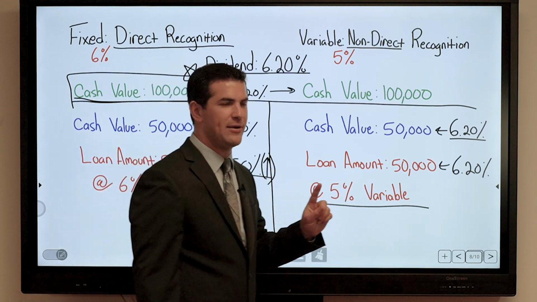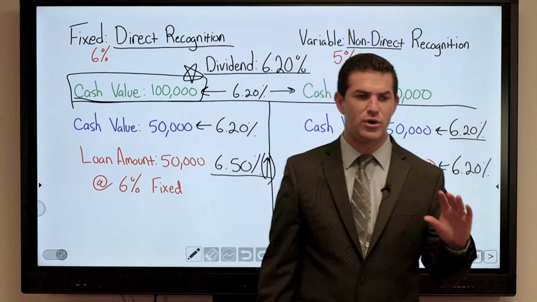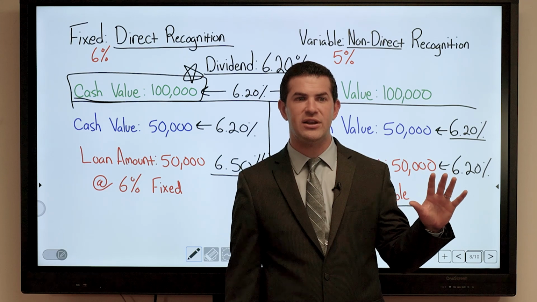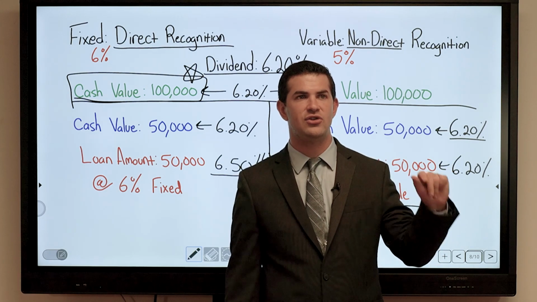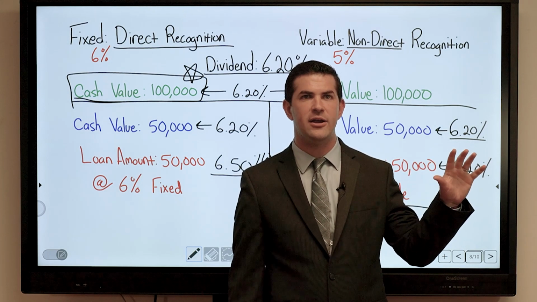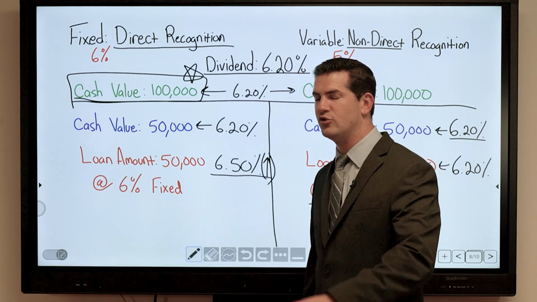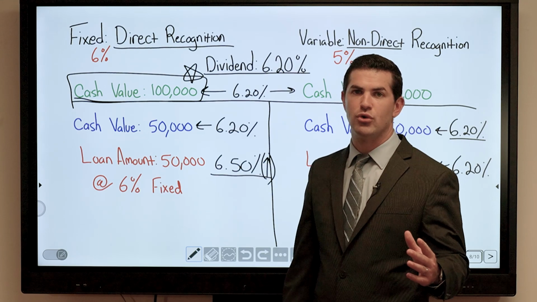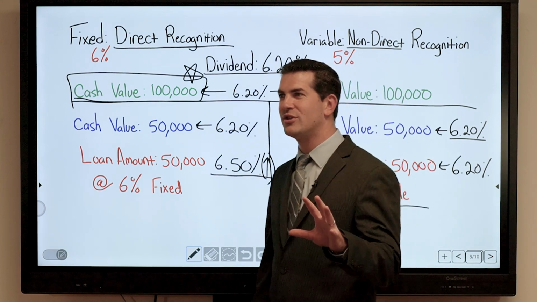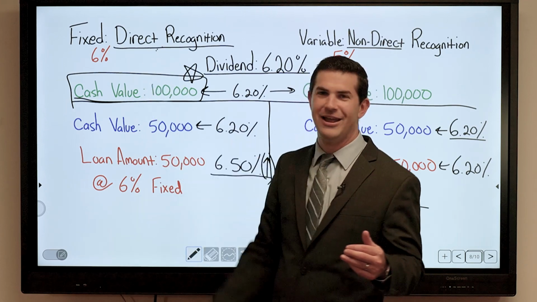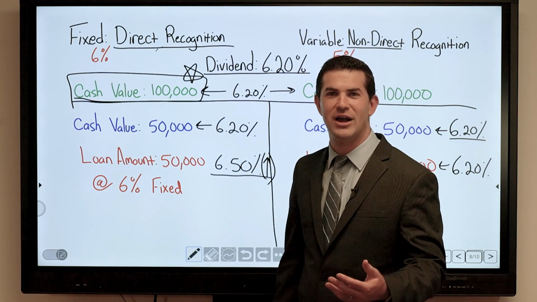What's so interesting about that is how many times have you done research, and I'd say probably about 80% of material out there states direct recognition is bad because they do not pay a dividend on borrowed funds or they reduce dividends on borrowed funds. Well, that's not true. A lot of our videos, we've used the term, it depends on the insurance company. Guess what? It depends on the insurance company.